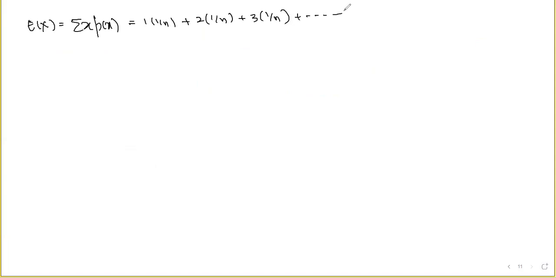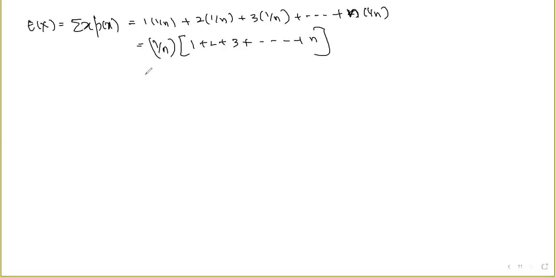So now we go for finding the expected value of x. This is nothing but the sum of x into p of x. Already we know this is 1 into 1 by n plus 2 into 1 by n plus 3 into 1 by n, and so on up to n into 1 by n. Obviously 1 by n is common, then the remaining terms are 1 plus 2 plus 3 and so on up to n.